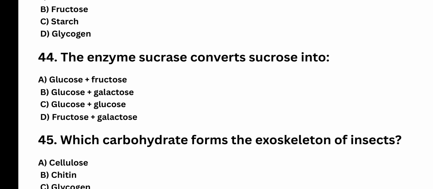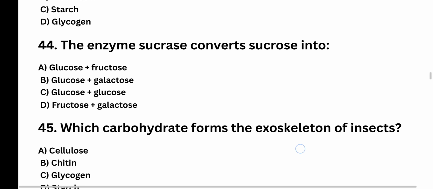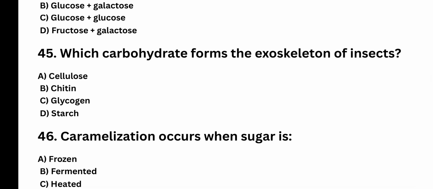44. The enzyme sucrase converts sucrose into. Options are glucose plus fructose, glucose plus galactose, glucose plus glucose, fructose plus galactose. So the right answer is option A, glucose plus fructose. 45. Which carbohydrate forms the exoskeleton of insects?